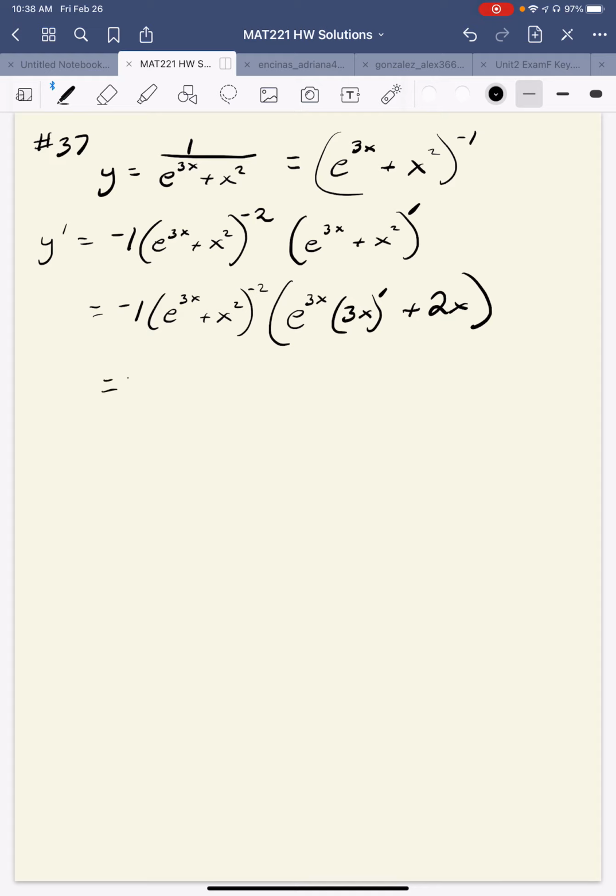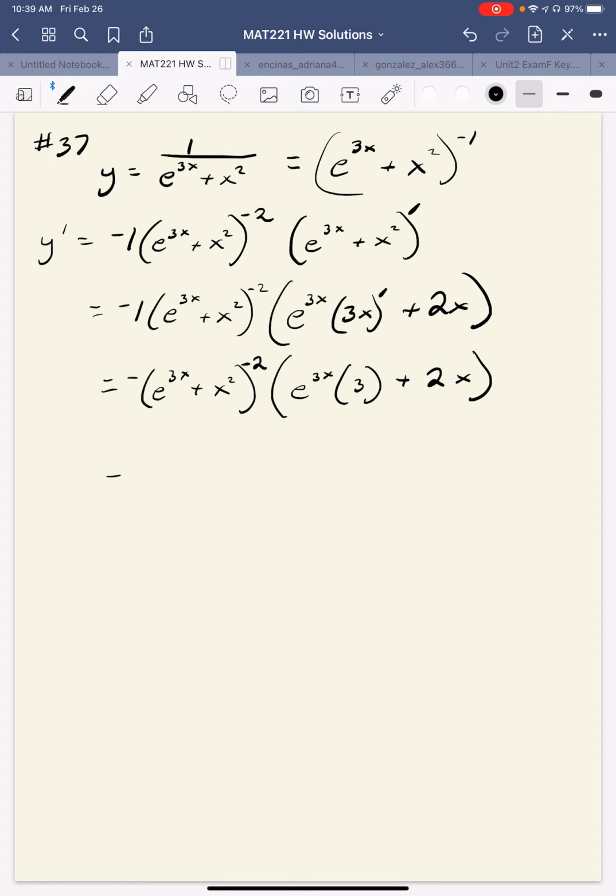So I have negative e to the 3x plus x squared to the -2. And then that's all multiplied by e to the 3x. And then the derivative of 3x is simply 3, plus 2x. So now I want to clean this up a little bit.